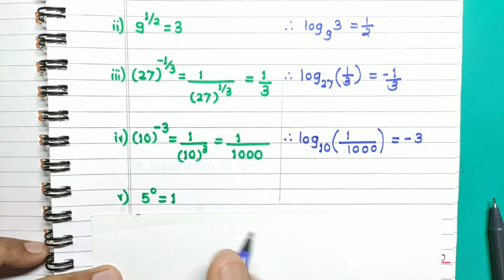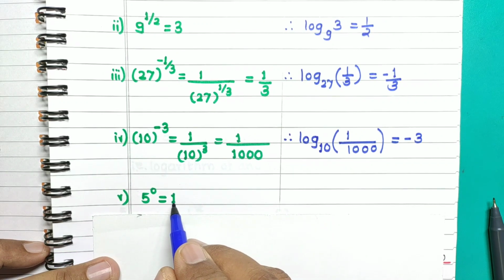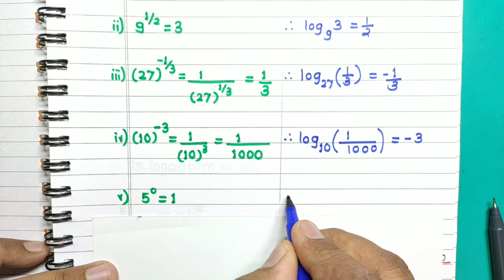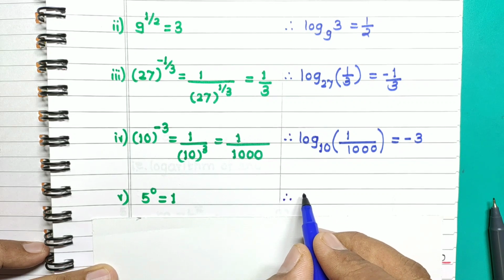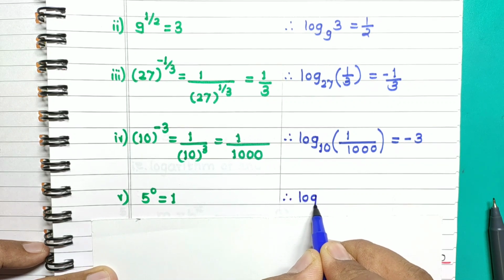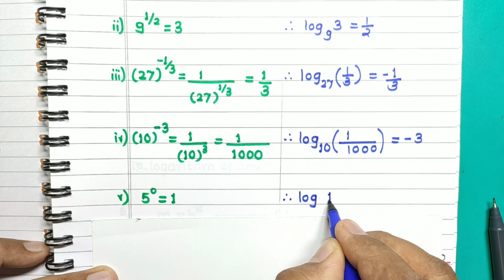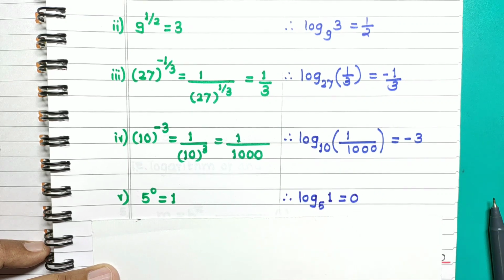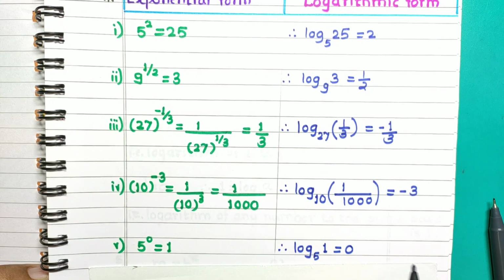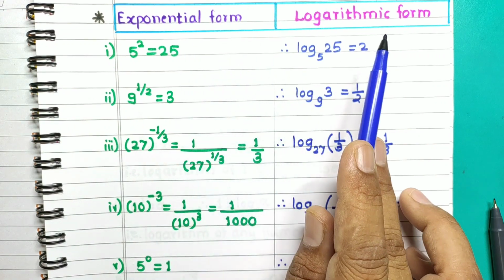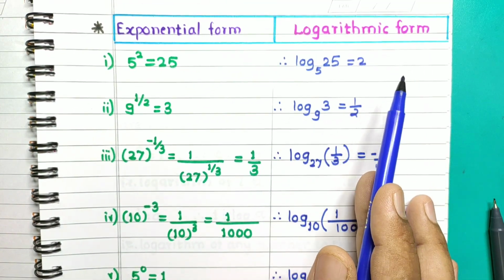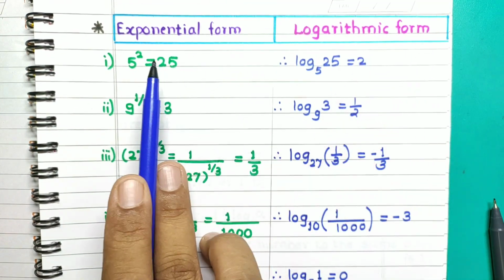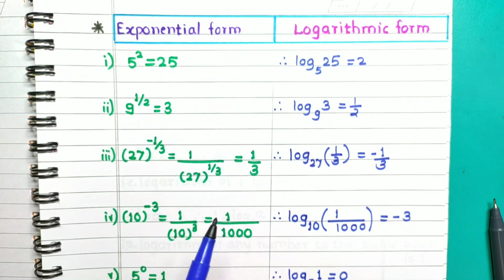Then next one is 5 raised to 0 is equal to 1. So the logarithmic form is log of 1 to the base 5 is equal to 0. Students, you practice converting exponential form to logarithmic form and also logarithmic form to exponential form using this definition of logarithm.